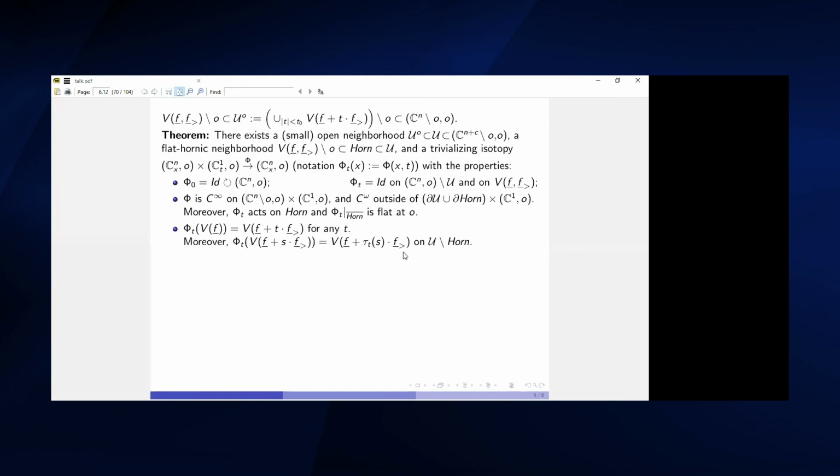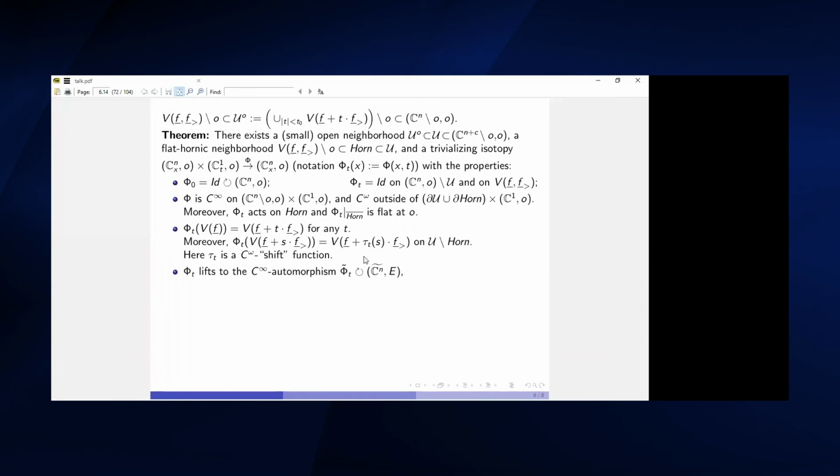And this happens, well, except for the horn. The horn is the small neighborhood of this base locus, and it is problematic. But outside of this horn, which is rather small, phi t sends every fiber to some fiber. And here, this function tau t is a real analytic shift function. It just shifts the time.